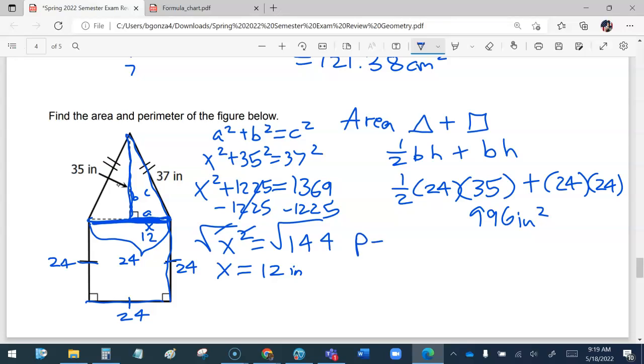And then the perimeter, we're just going to add up all the sides on the outside. Now, there are only 5 sides on the outside. 24, 24, 37. This one also has to be 37. And then 24.